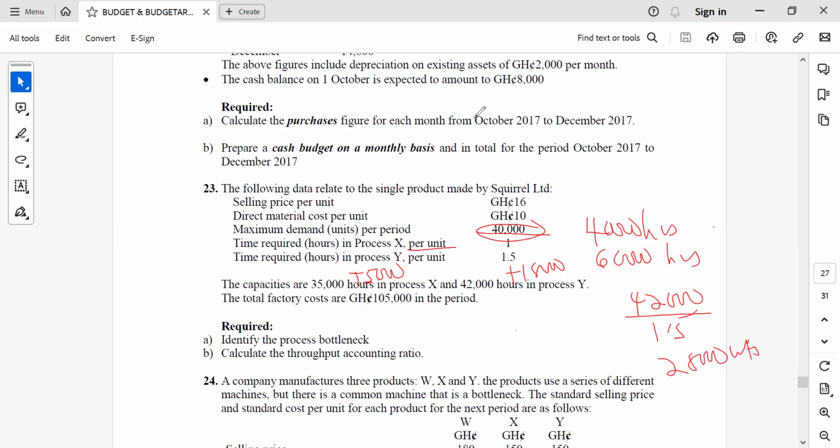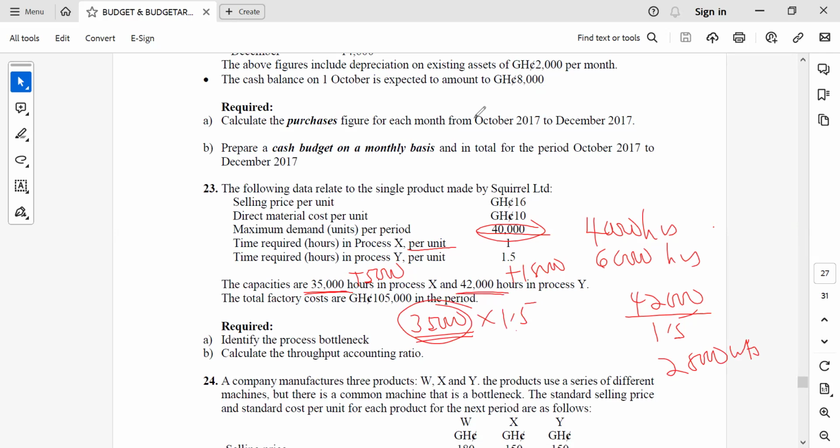But if you come to process X, you see that you'll be producing 35,000, isn't it? But would the 35,000 be able to pass through process Y? No. Because 35,000 multiplied by 1.5 gives you 52,500, but the hours available for process Y are only 42,000.